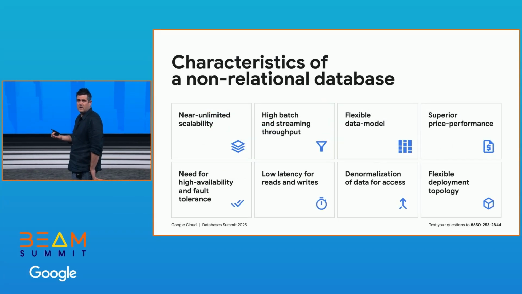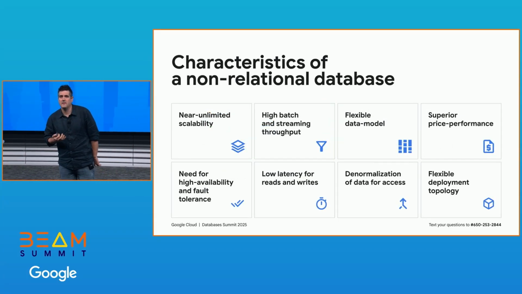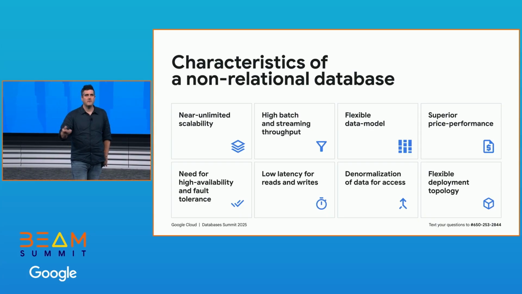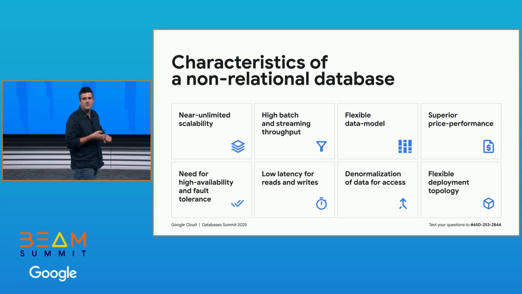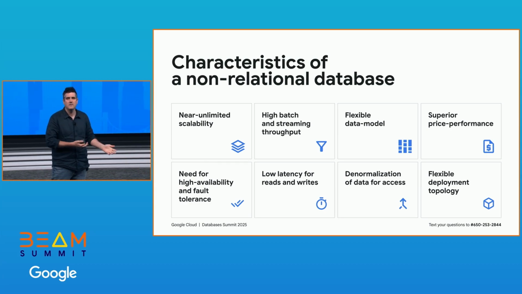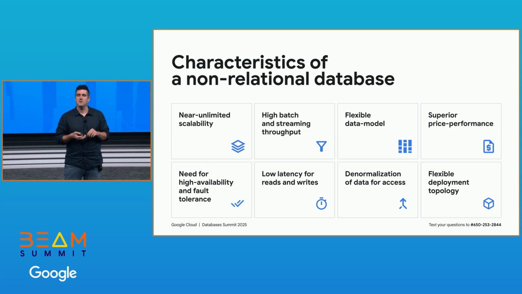So when we look at what a non-relational database typically gets you, and this is all non-relational databases, not really specific to Google, you're going to get near unlimited scalability. You're going to have high availability, so you can lose nodes and not have to worry about your state going down. You often are able to do really high throughput, combined with low latency access.